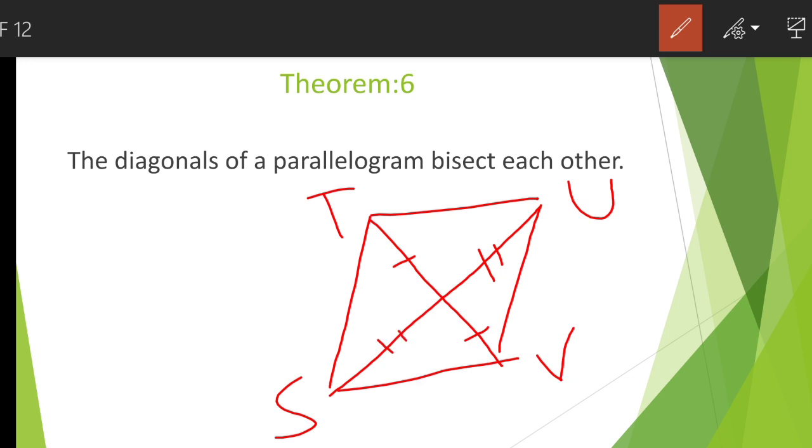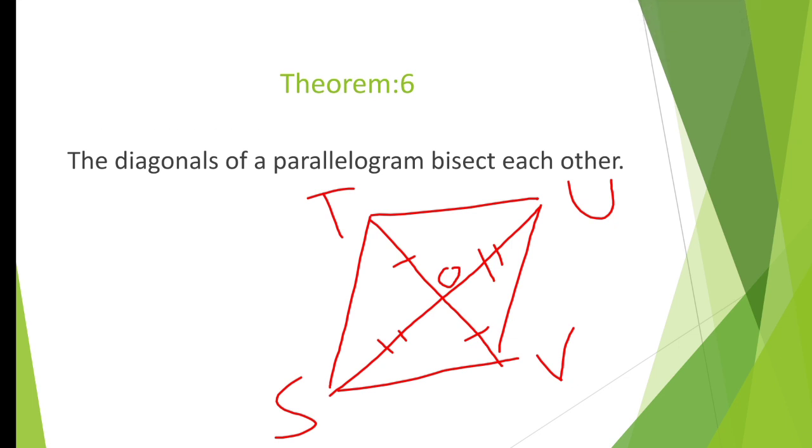Suppose the intersection point is O, so SO is equal to OU as well as TO is equal to OV.